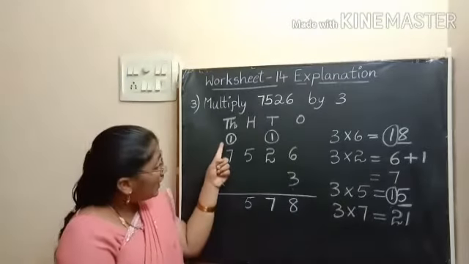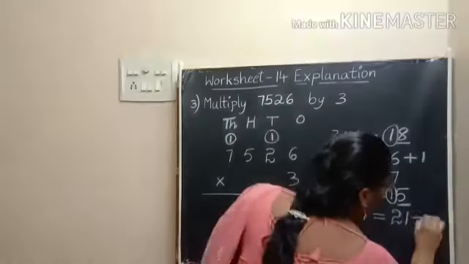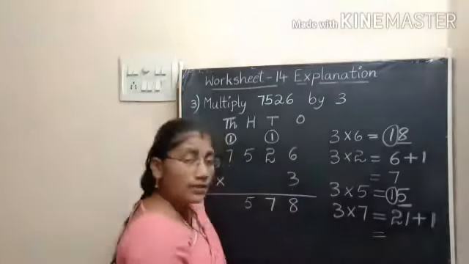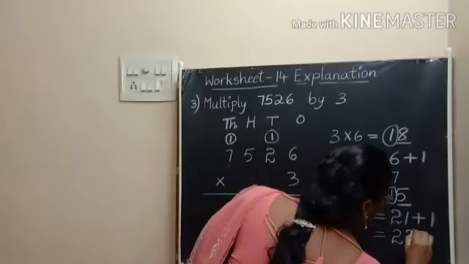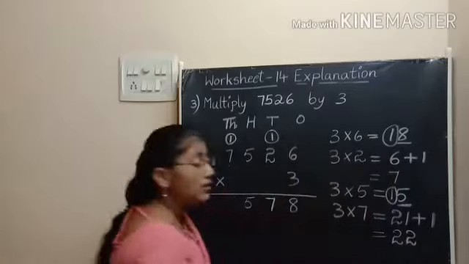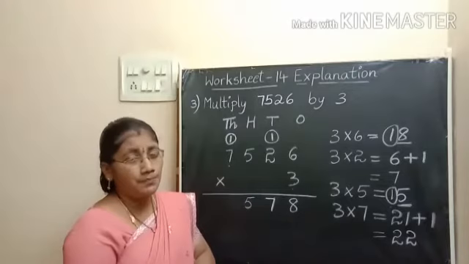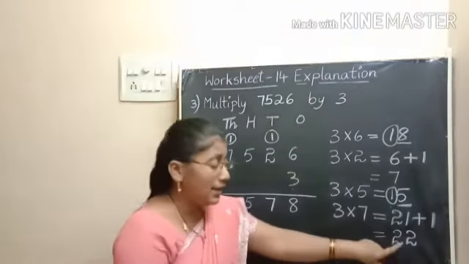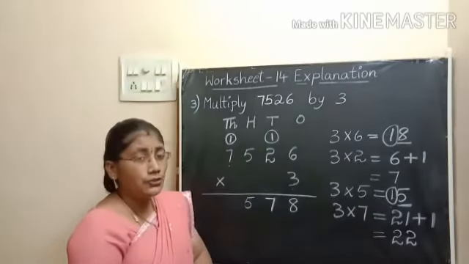So we should add this carry to that result. 21 plus 1. How much is it? 22. This is 22. Actually we get a 2 digit number. We have to write the right side digit as result and the left side digit as carry to the next place. We have to use it like that.